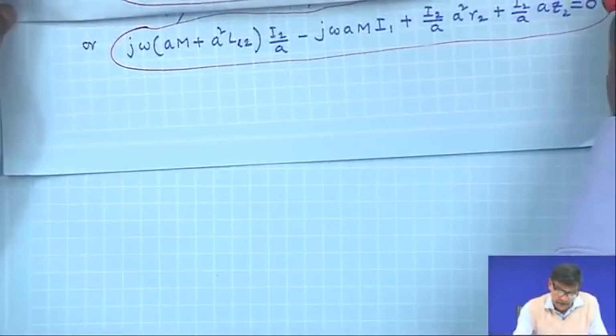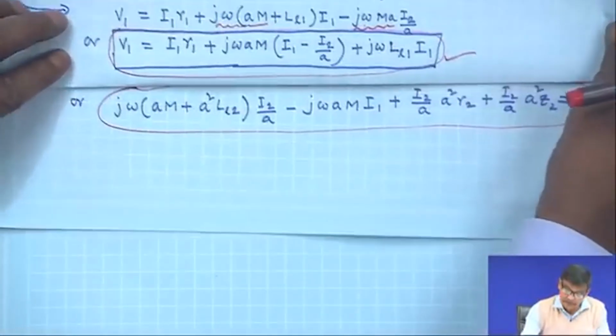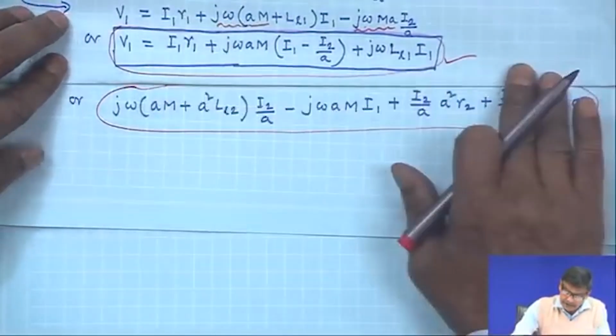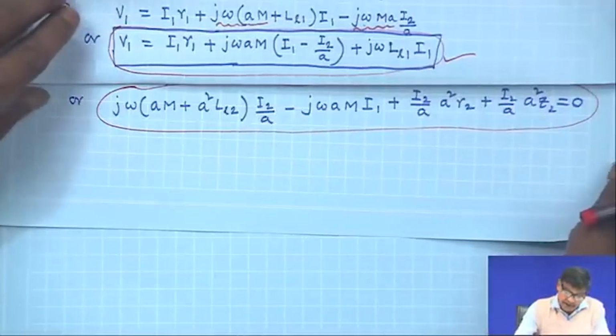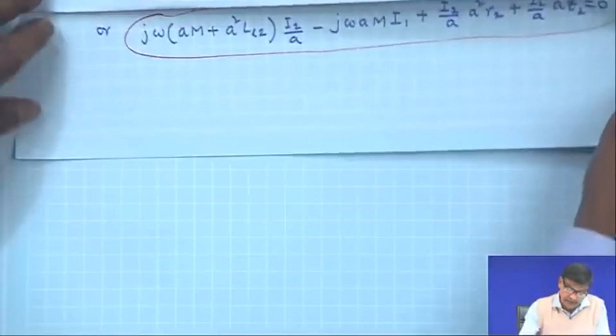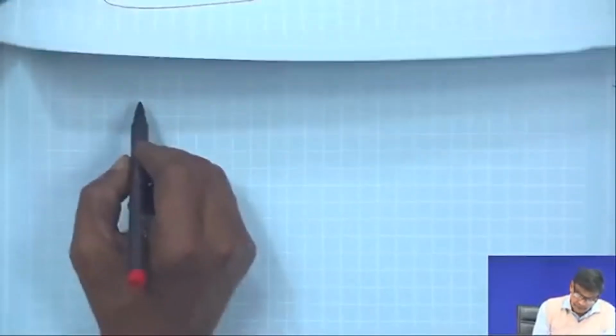These are the two equations. This is the primary side equation, and this is the secondary side equation. Let us see how it helps us to write down. Suppose I want to draw a circuit diagram.